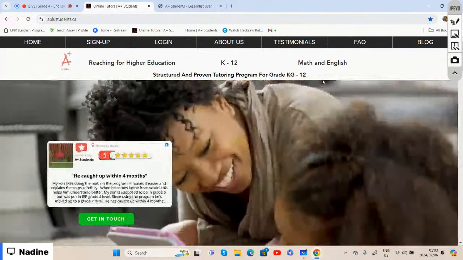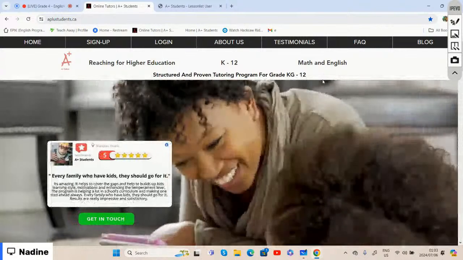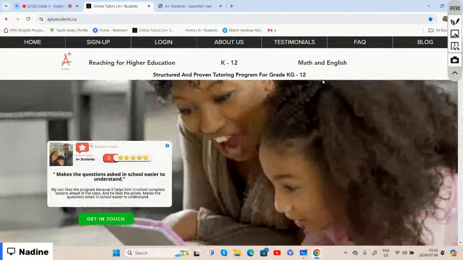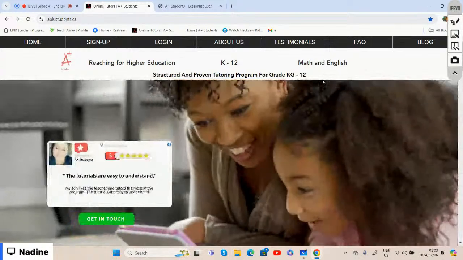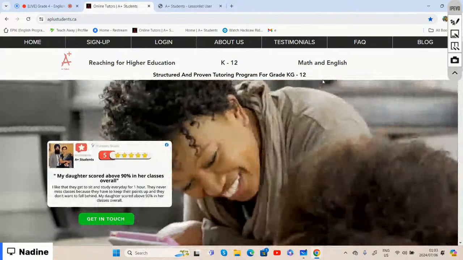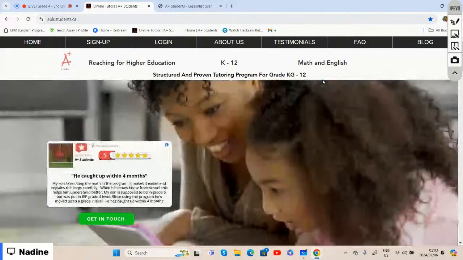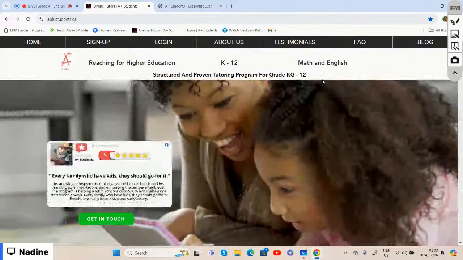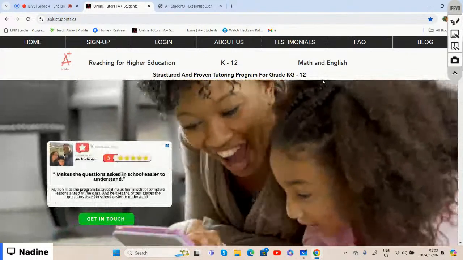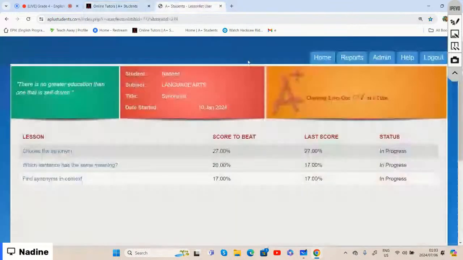Once you've logged on with our username as well as a password, we're going to select the subject of English language arts, grade 4, and then scroll down until we get to the chapter of synonyms.